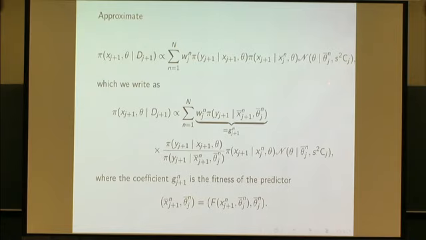Now we're going to rewrite this. These are going to be our g n plus 1, and these coefficients here are the fitness, essentially, of the predictor. So now we're going to have our particle.